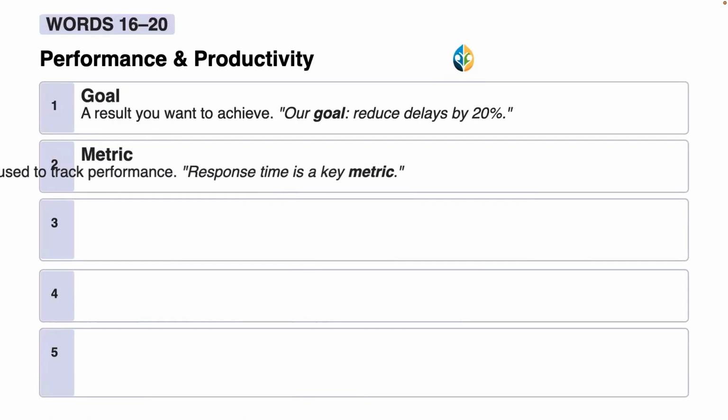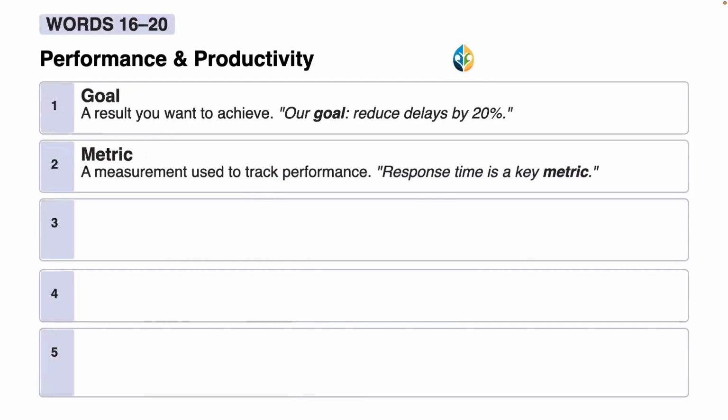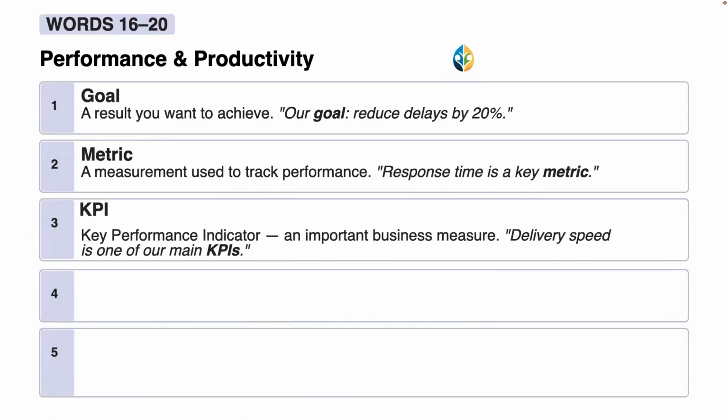Metric. A measurement used to track performance. Response time is a key metric. KPI. Key performance indicator, an important business measure. Delivery speed is one of our main KPIs.